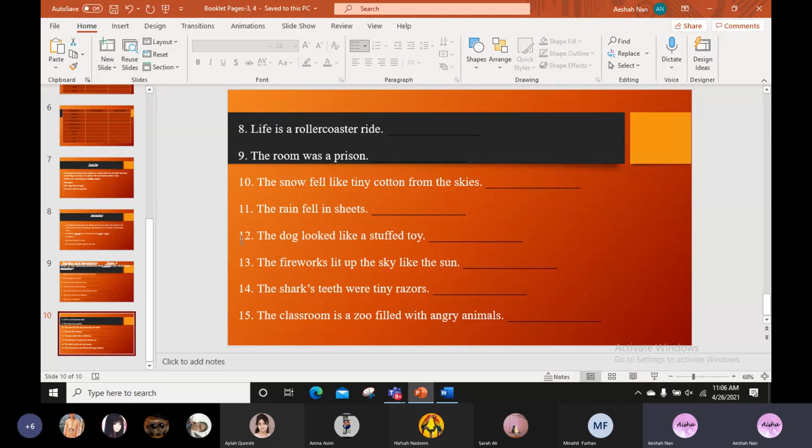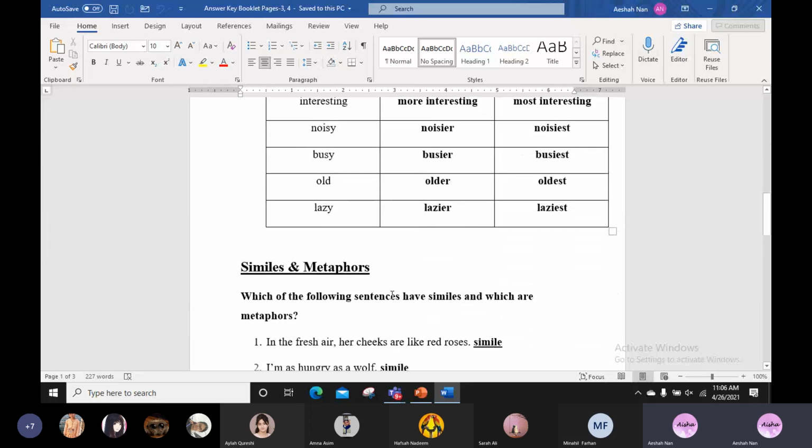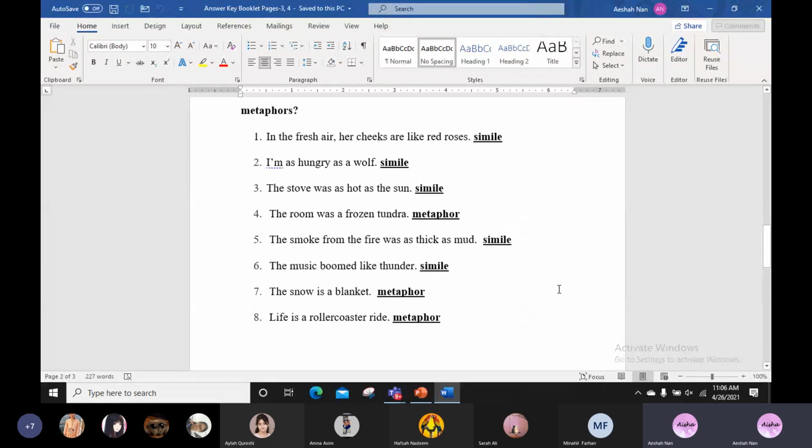The dog looked like a stuffed toy. Simile. The fireworks lit up the sky like the sun. Simile. The shark's teeth were tiny razors. Metaphor. The classroom is a zoo filled with angry animals. Metaphor, very good. Now kindly write down and check your answers.